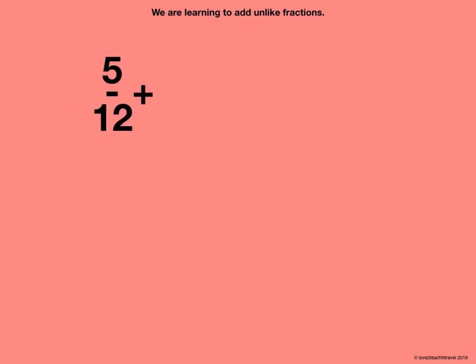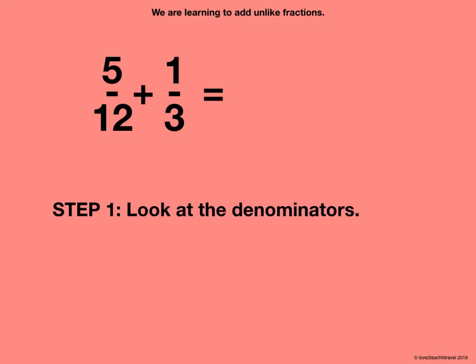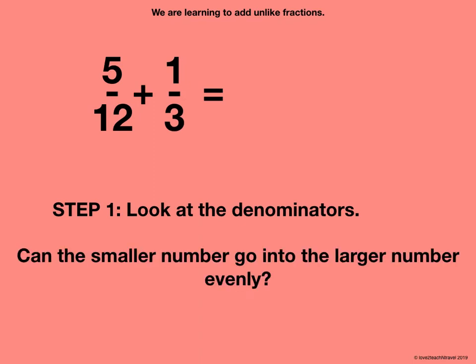5/12 plus 1/3 equals. Now again, step 1 is look at the denominators. Can the smaller number go into the large number evenly? So 3 into 12. Let's think about the counting pattern. 3, 6, 9, 12.